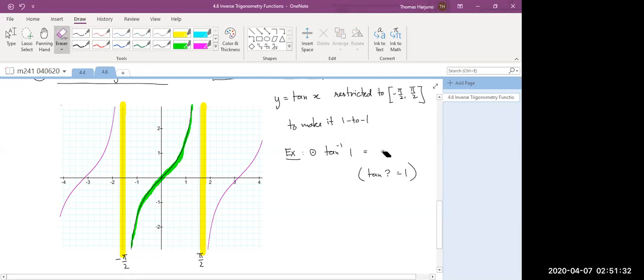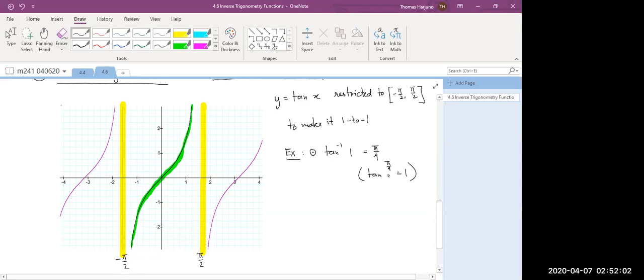No. Pi over 2? No. Pi over 4. Pi over 4, that's right. There are actually a lot of angles such that tangent of that angle is equal to 1. One of them is pi over 4.